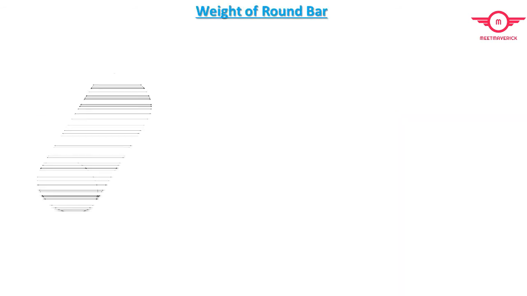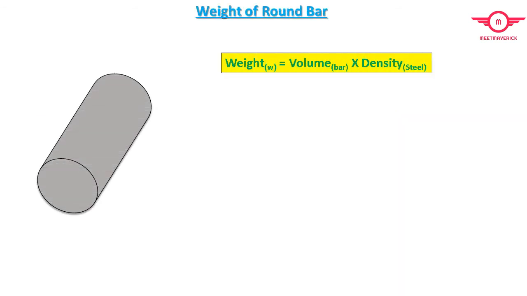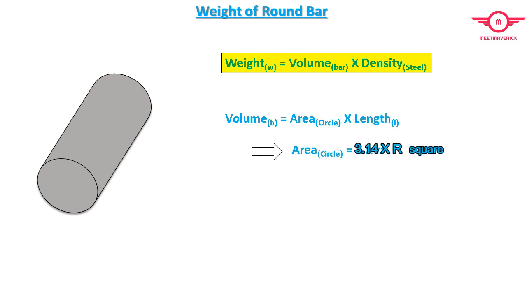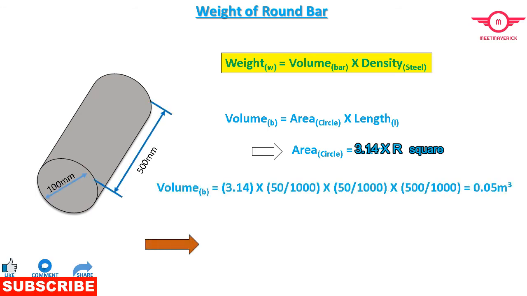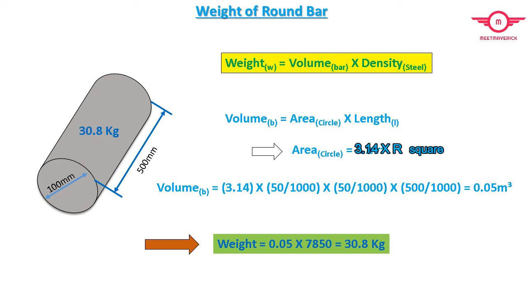Now we need to calculate the weight of round bar, or we can say rod. So it is the same. Weight is volume into density. So we need to calculate the volume first. Volume of a round bar is pi r square into length. Let's take an example of a bar having diameter 100 mm and length 500 mm.